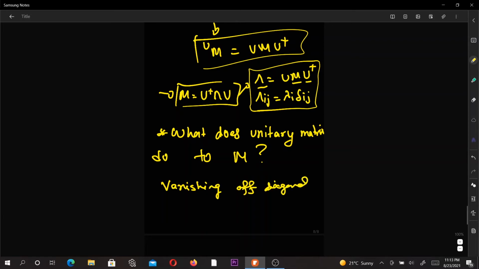Because we are diagonalizing this: if we do a unitary transformation on M, you get a diagonal matrix lambda, and the off-diagonal parts are 0. So this is what a unitary transformation is doing.